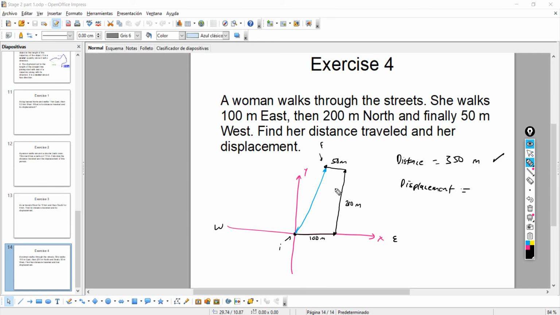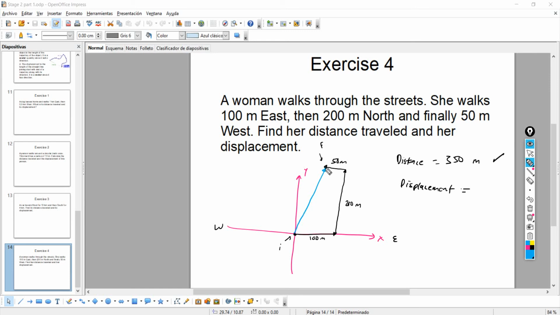Now the displacement. The displacement is the length of this blue arrow from initial to final points. So how can I find that? How can I find the length of this arrow? Let me try to draw it a little better. Well, the way in which you can find the length of this arrow, guys, is by trying to form again a right triangle.